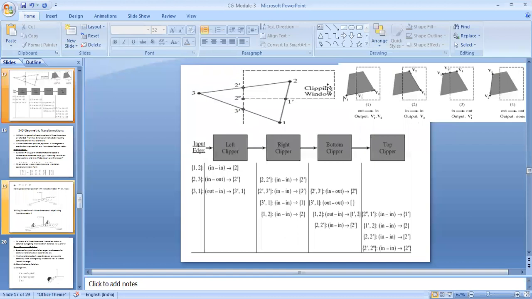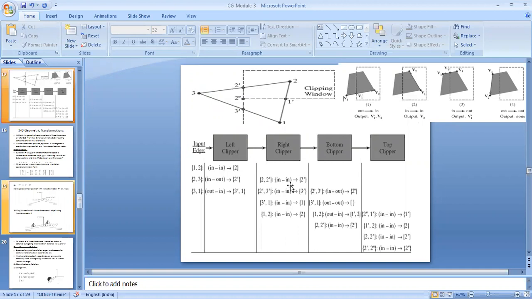So all the edges are in to in now for me, because I am considering the right clipper, the right side boundary.